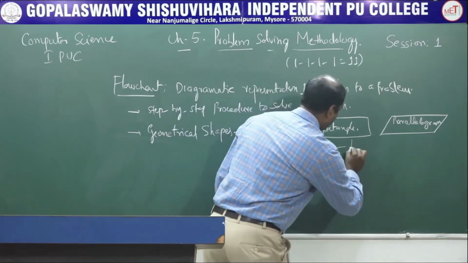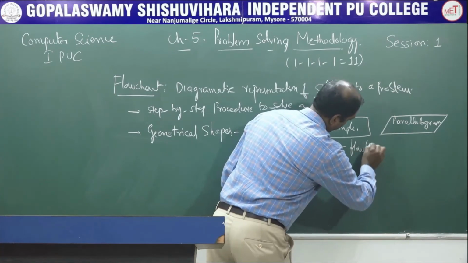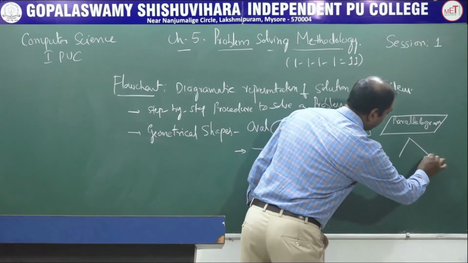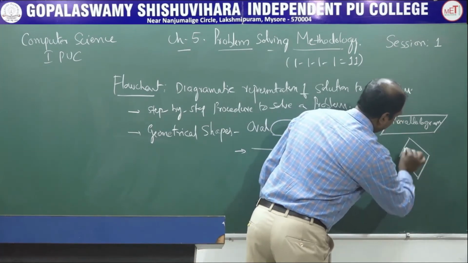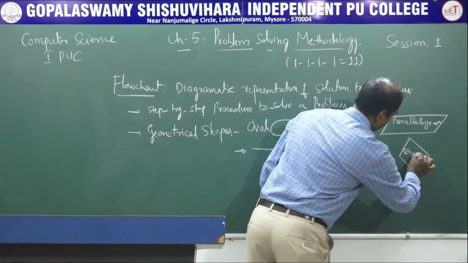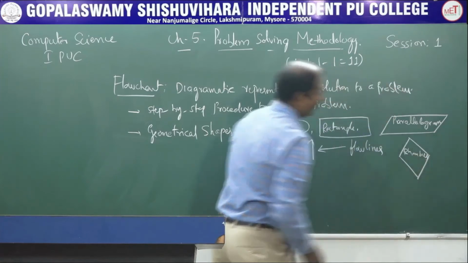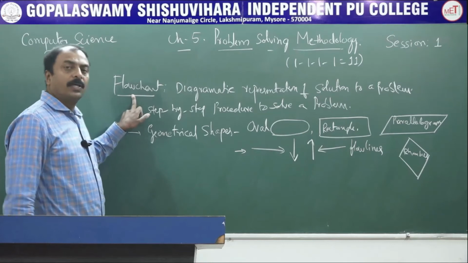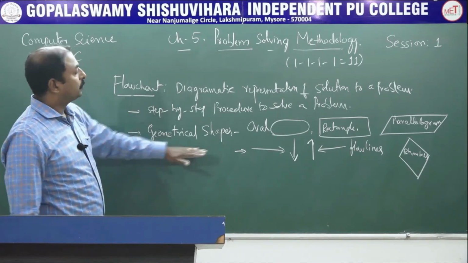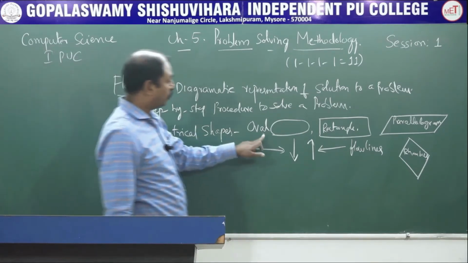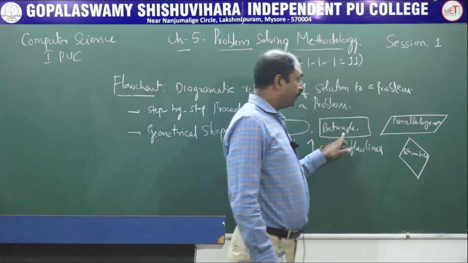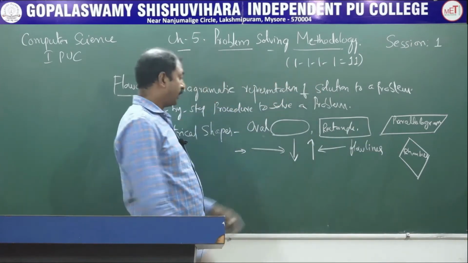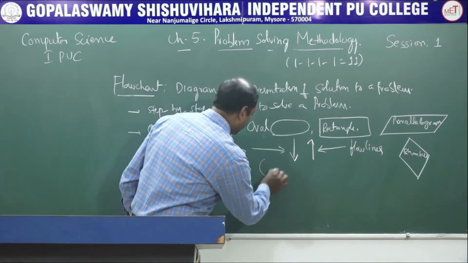These are nothing but flow lines, and rhombus, and so on. To represent a solution to a problem through a flowchart, we are making use of some geometrical shapes like oval, rectangle, parallelogram, rhombus, arrows, and even circle.